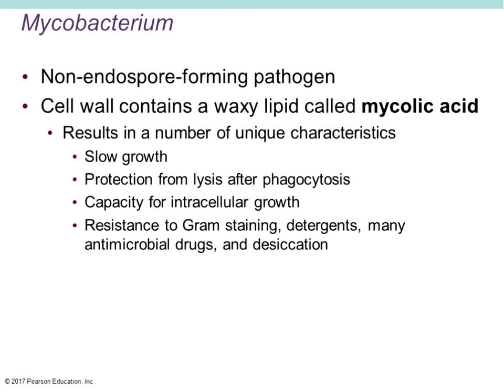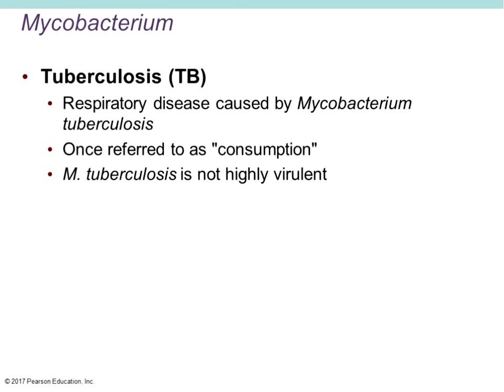This really funky aspect of the cell wall is responsible for the interesting characteristics we see for this bacterium, which are slow growth, protection from lysis after phagocytosis, the ability for intracellular growth, and resistance to gram staining. They don't gram stain positive or negative, although we put them in the category of gram positive. Also resistance to many antimicrobial drugs, and resistance to desiccation.